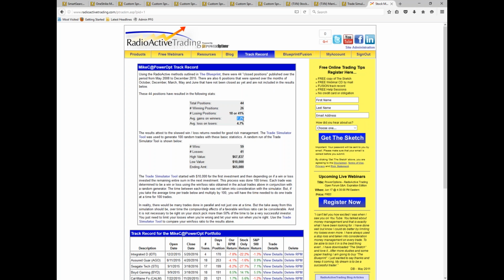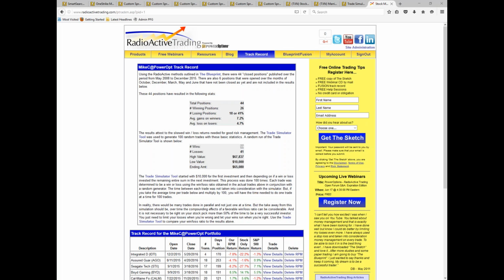But the average gain is 7.2%, lower than Ernie's. Average risk is about the same, but I am right more often than wrong, and I stay in positions less time. This, again, illustrates why there are 12 different income methods.